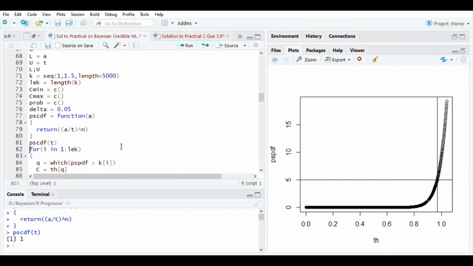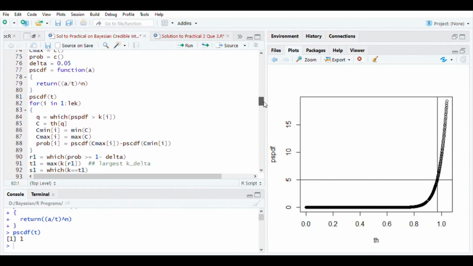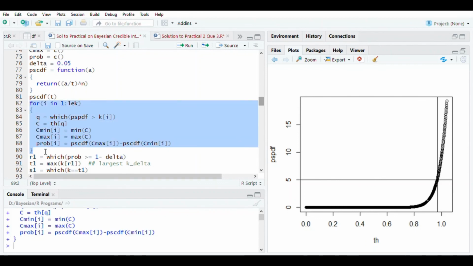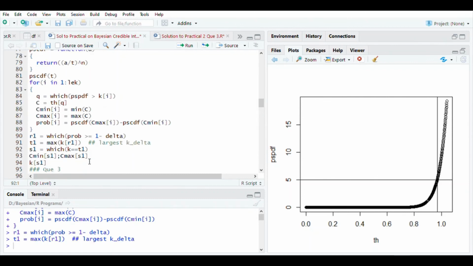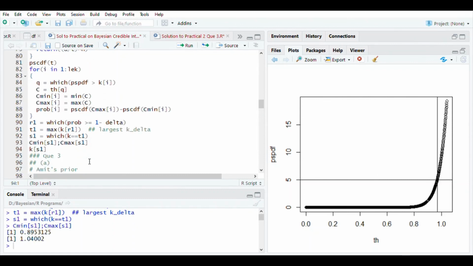So now let us repeat the procedure which we have used earlier for identifying the highest posterior density credible interval. The same R code we are using. So see what do we get? We got 0.8953125 to 1.04002. And what was the earlier interval? It is almost the same.